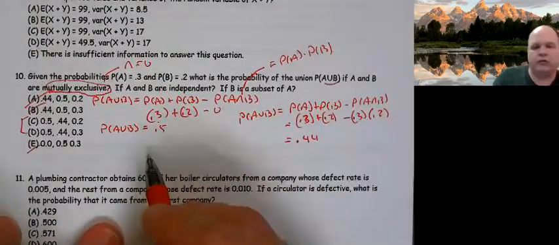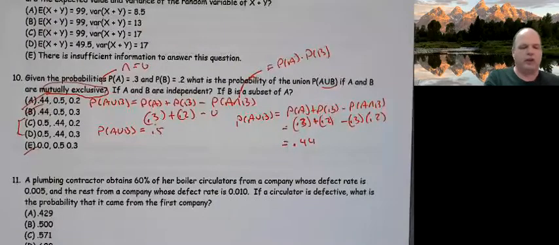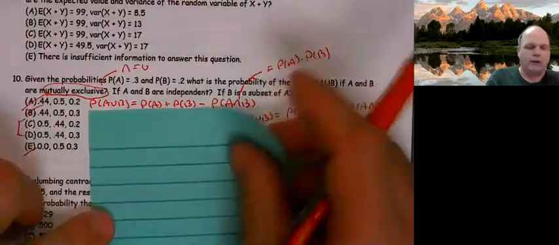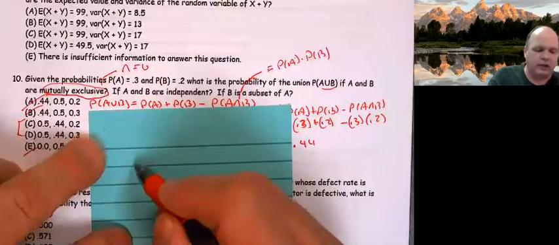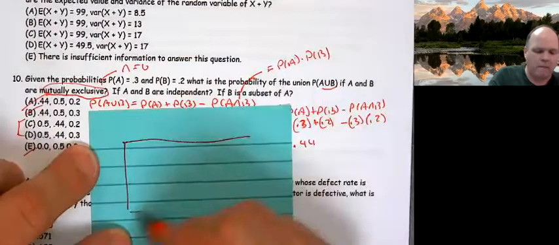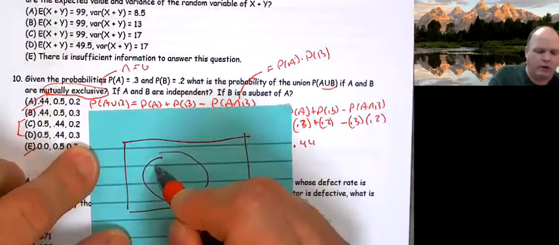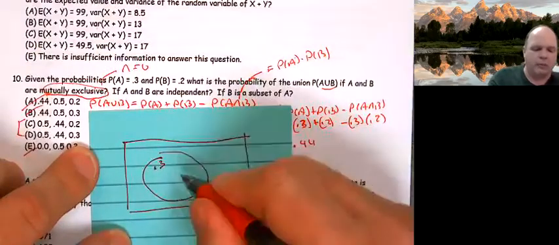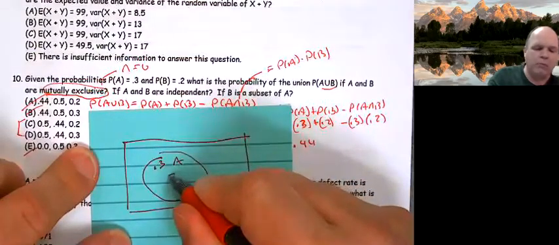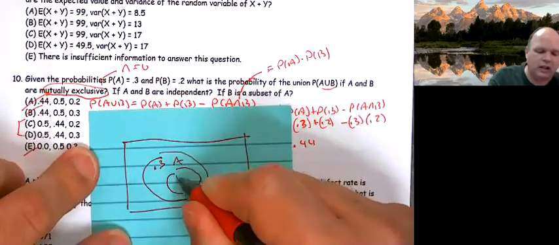And then we have the situation where it talks about subset. Subset means it's completely contained. So if I were drawing a Venn diagram, it would look like something like this. A right here would be 0.3. So this would represent A. Well, B would be completely contained in it.